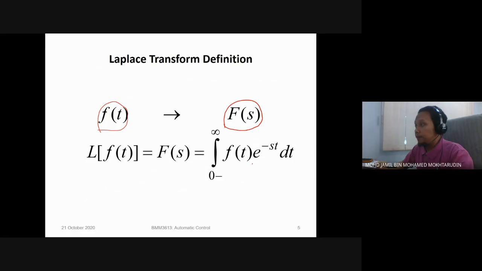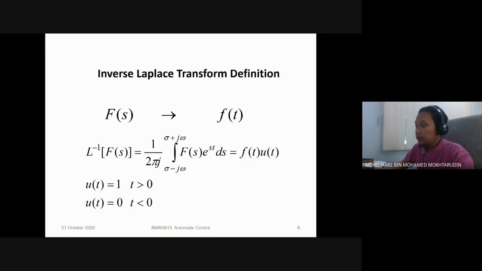When you have Laplace transform, you can also have the inverse, converting from frequency domain back to time domain, using this integration method.